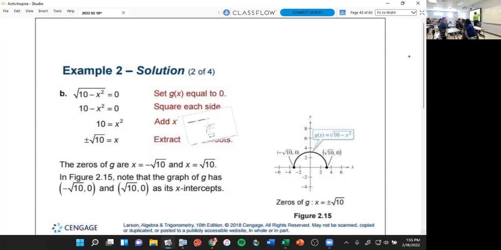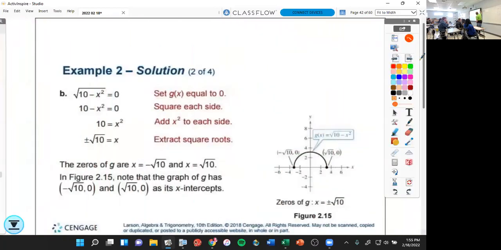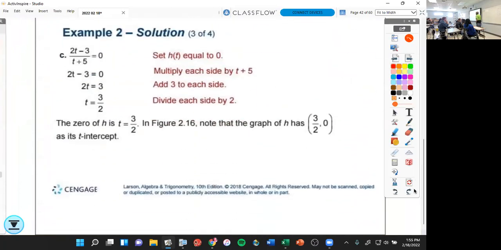Okay, so for the confusion you might have on part C, I need to scroll down first. One second. Here we go. There it is. Okay. Here's what happened to the bottom. If I have t plus 5 in the bottom and I'm trying to solve it, to simplify this fraction, I would multiply both sides by t plus 5.